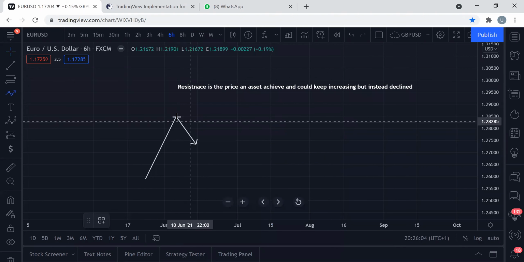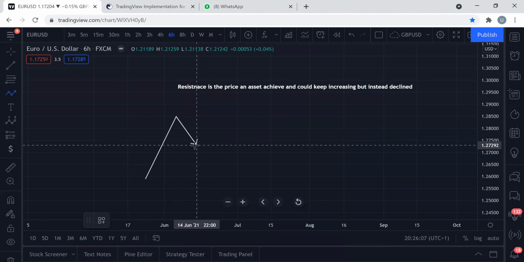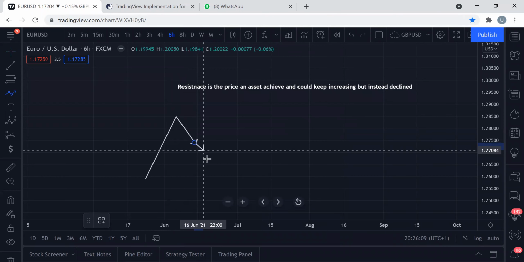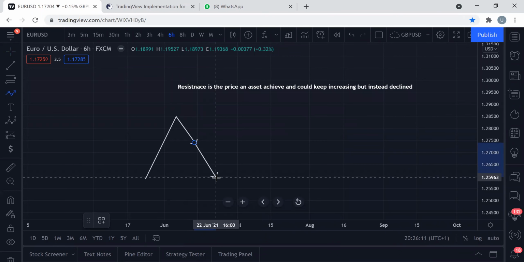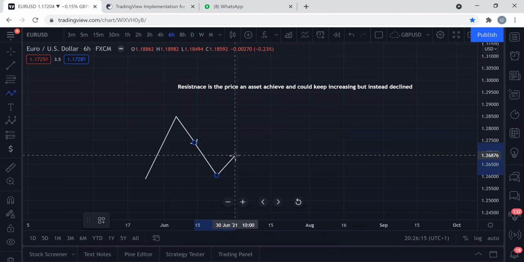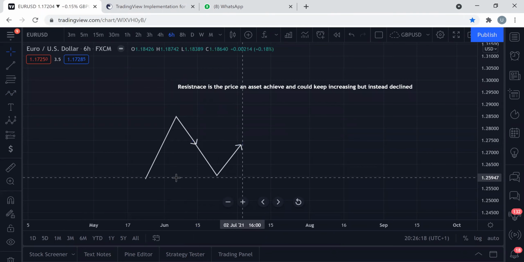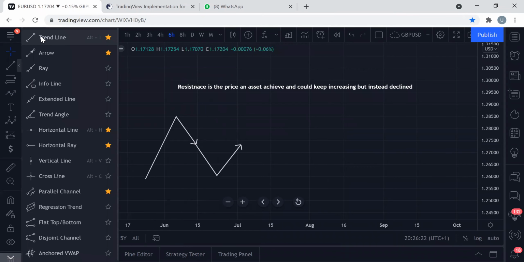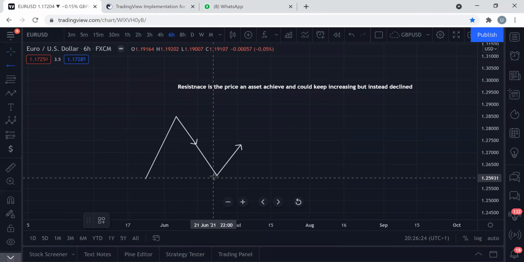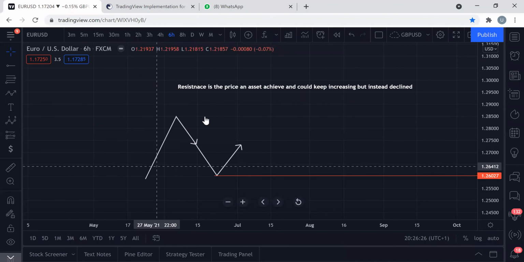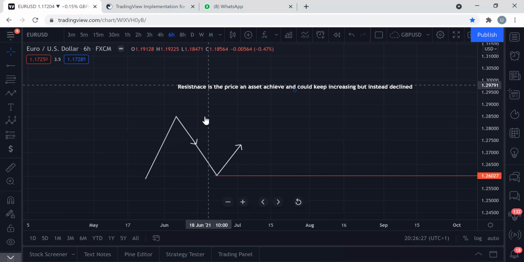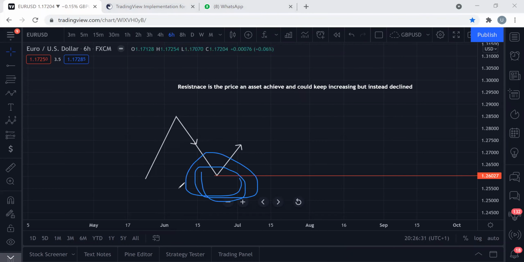So that is exactly what happened here. Now if the price keeps going down like this and gets to a point, let's say here, and now reverses, we'll say there's a support at this level.